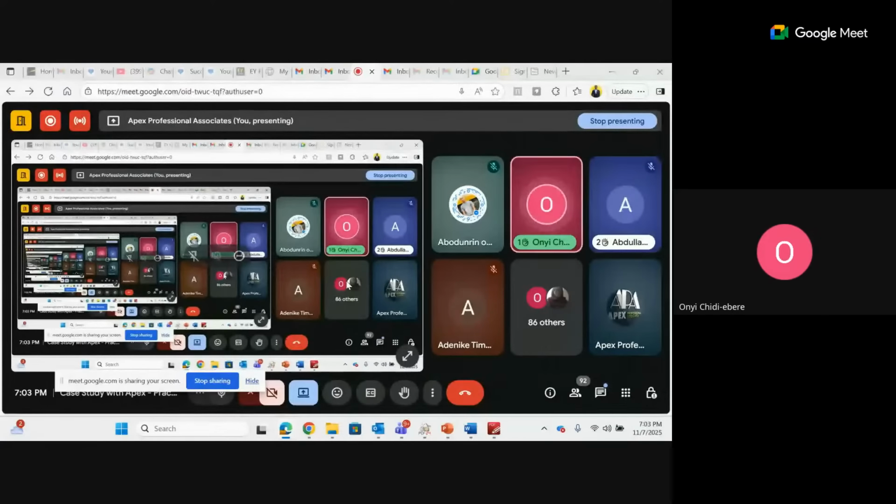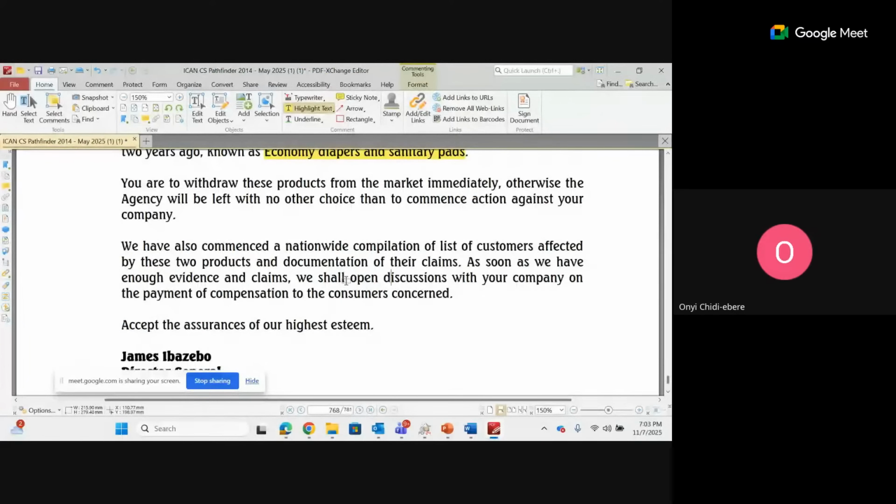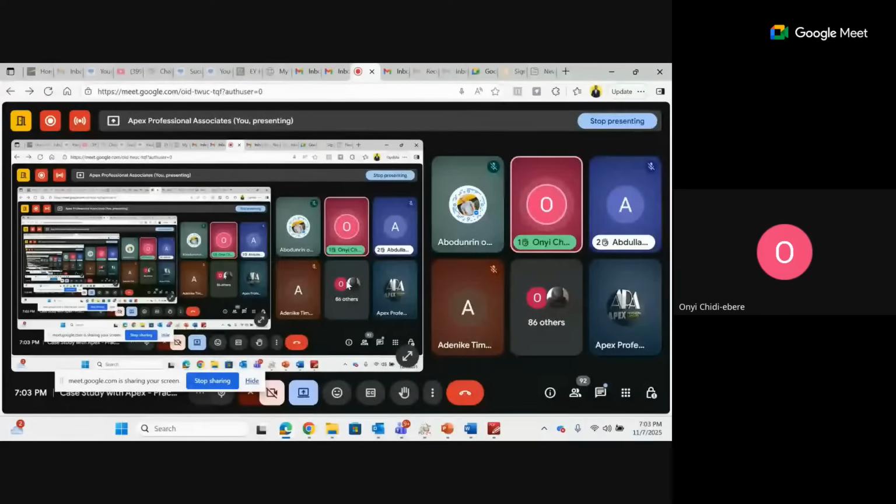Okay, so the question I wanted to ask: when they send the pre-seen, when I read through it, it talked more about the automobile industry, but I don't see that in the unseen. I haven't done case study before, so I'm trying to understand the dynamics.